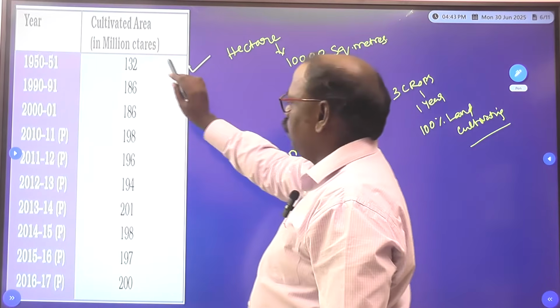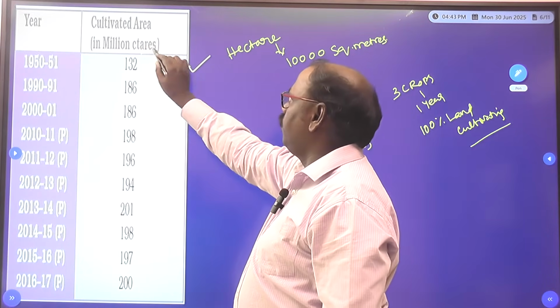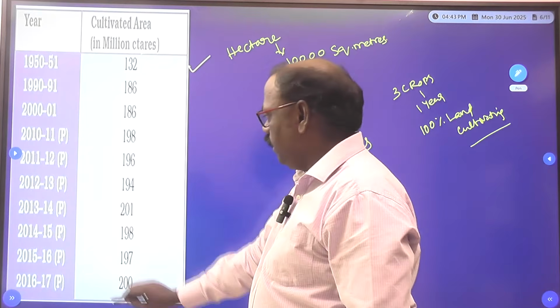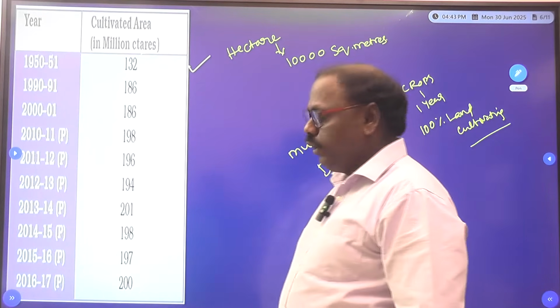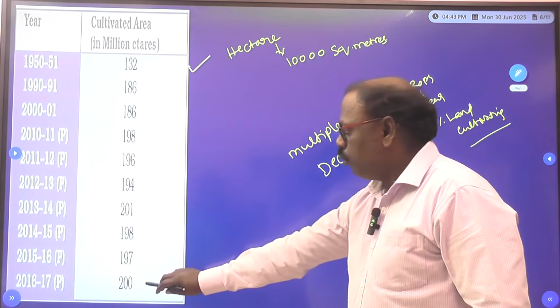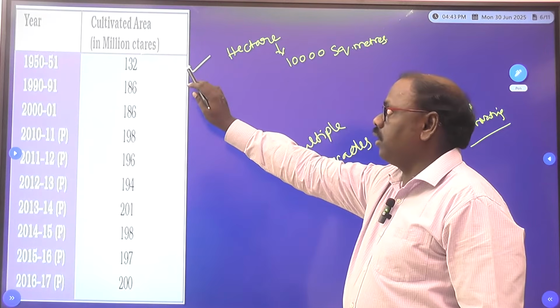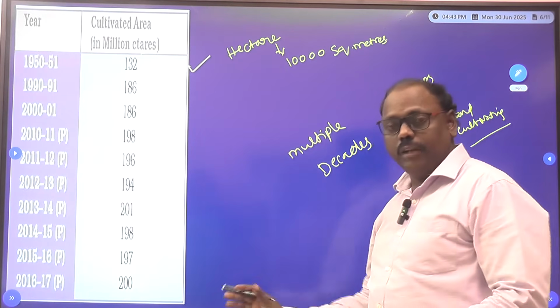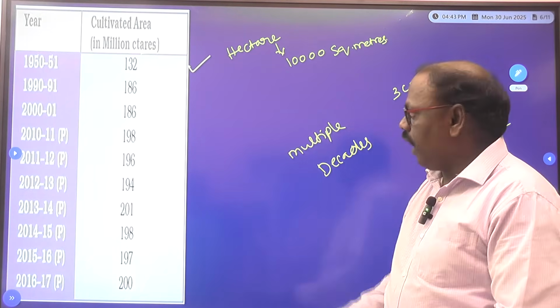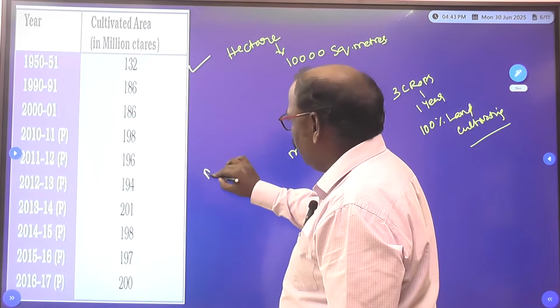So they are representing the cultivated land in the form of hectares. Finally in 2016 and 17, they are cultivating 200 million hectares as cultivated area. Based on this, you can imagine how much agriculture has improved.